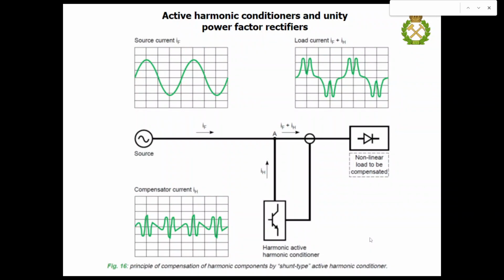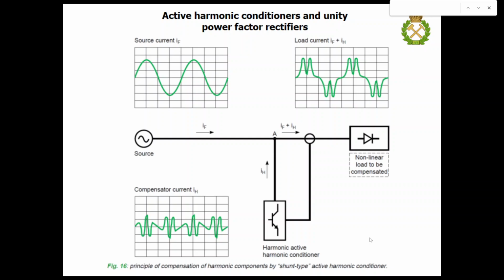We have load current, which we can analyze to detect the main harmonics, the amplitudes, the phases, to calculate them and to generate some compensation current, which includes the same harmonics of the same amplitudes, but in opposite phase to the initial current harmonics. And in point A, we have the sum of these currents, and as a result, source current can be a purely sinusoidal waveform.